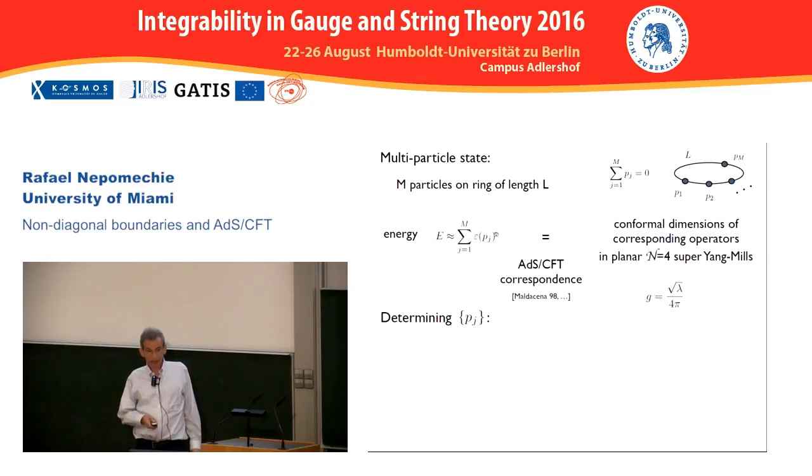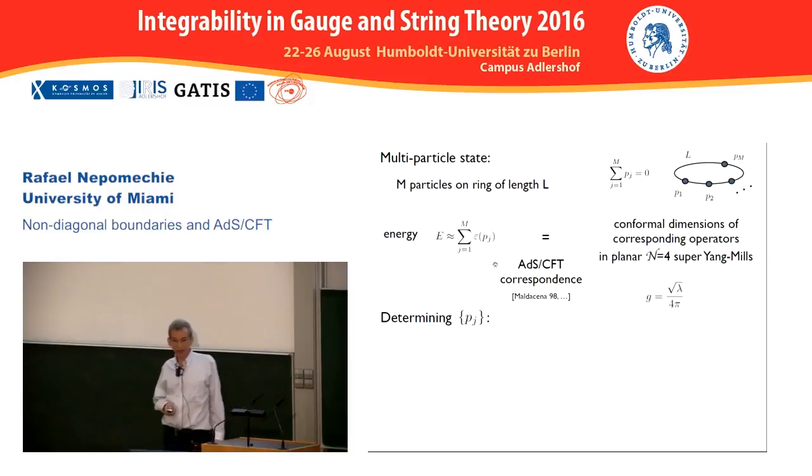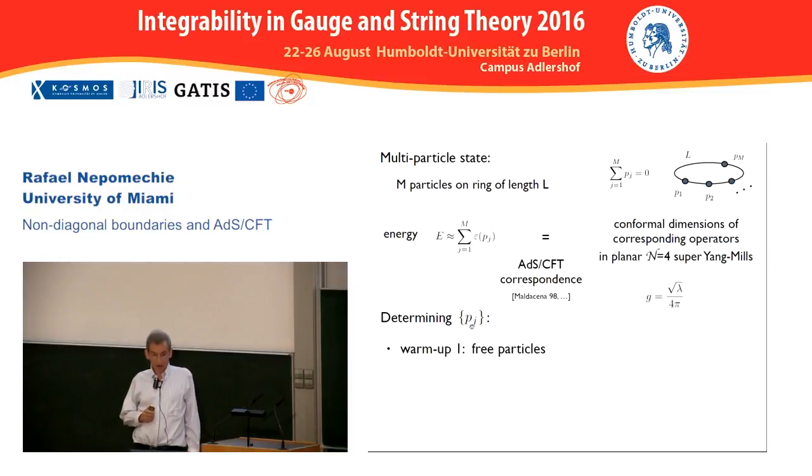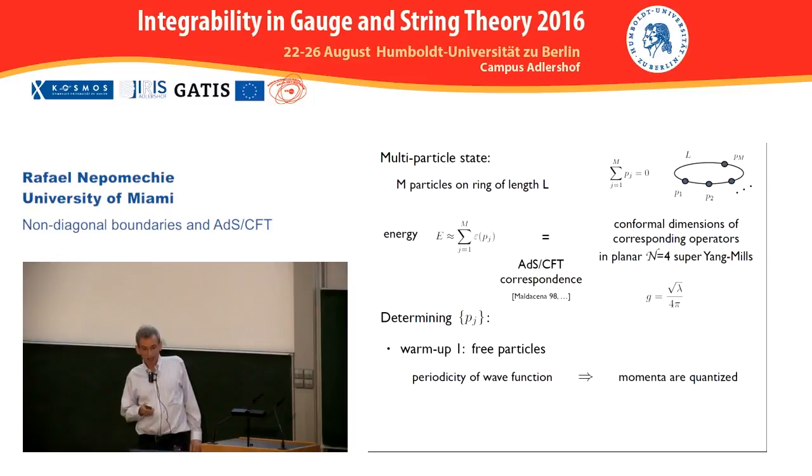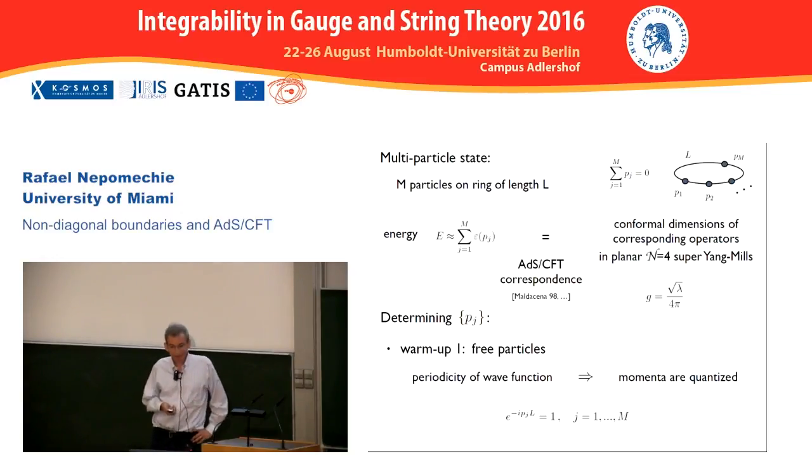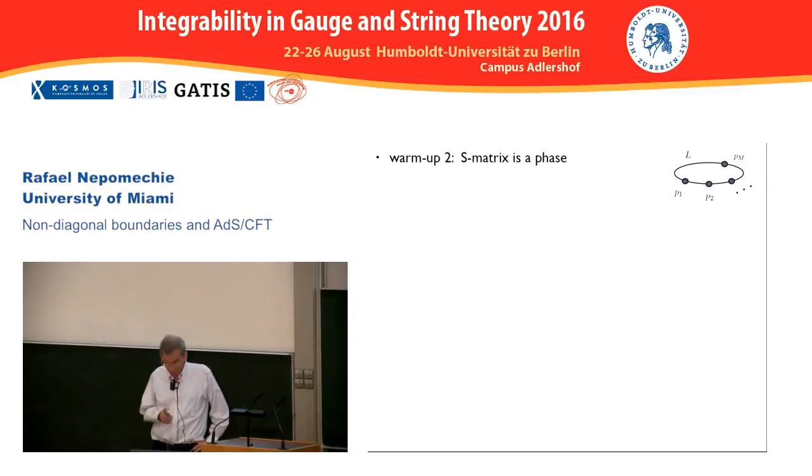Okay, so the main point is how to determine the momenta of these particles. Let's do a couple of warm-ups. First of all, suppose these particles on this ring are free. Then we know that because of the periodicity of the wave function, the momenta are quantized by this condition. So that's very easy.